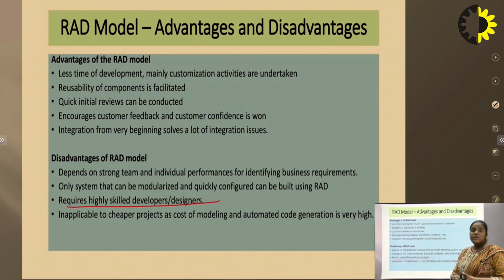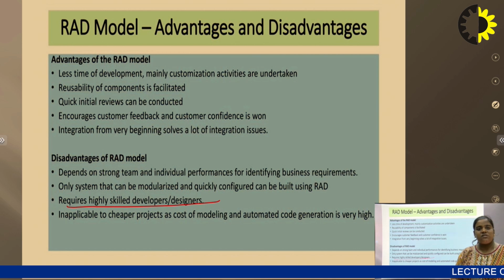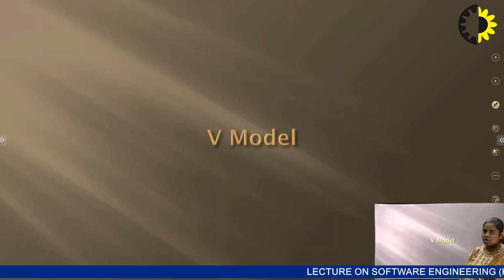Here we need very highly skilled developers to build the software, because we have divided our software or project into different modules. So definitely we need a very highly skilled person who will be capable of understanding the need of that particular module, and in a very short time be capable of coding that module in an actual scenario. So this is the basic drawback related to the rapid application development model.